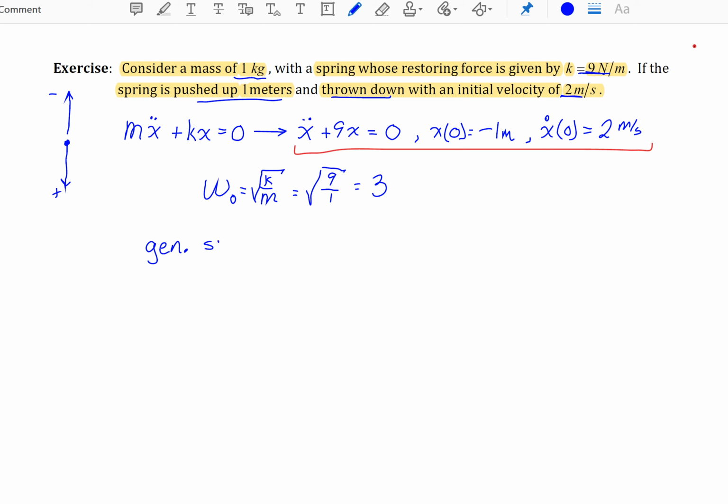And we'll jump right to the form of our general solution now. This says our general solution, x of t, is always going to be of the form c1 cosine omega naught, which is 3 times t, plus c2 sine omega naught, which is 3, again, t. This is our general solution.